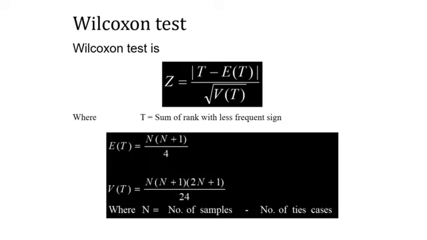The Wilcoxon test formula is this, which is not much needed for you, but still, these are the things required for the Wilcoxon test, where T is the sum of ranks with the less frequent sign, and N is the number of samples, the number of cases.